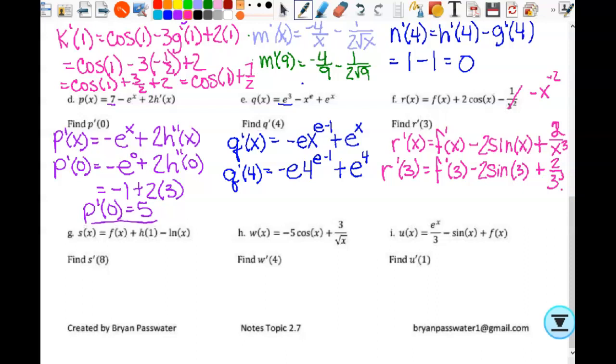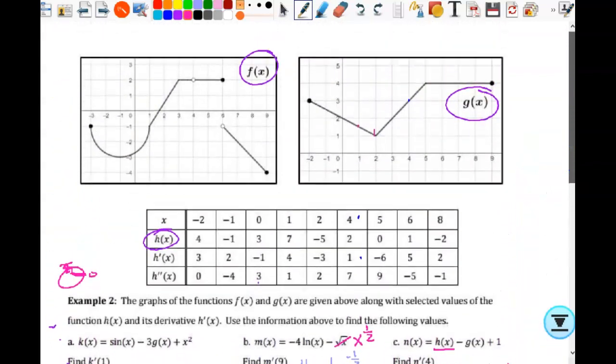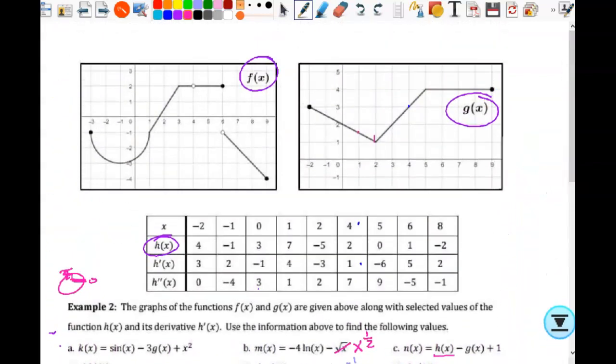So f prime of 3. Let's go up here. Do I have an f prime graph? No. I have f, right? So f prime means at 3, what do I need? The slope. Okay? And can you find that slope? No. Why not? Sharp turn, right.